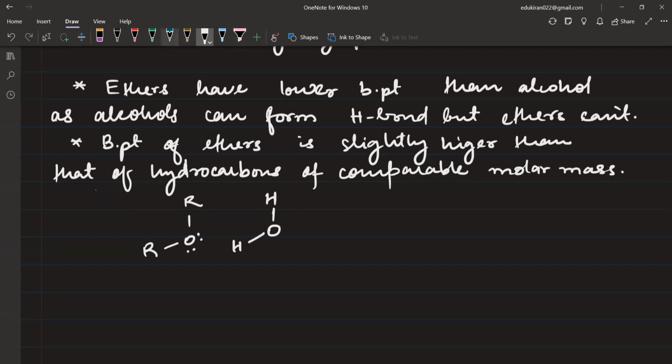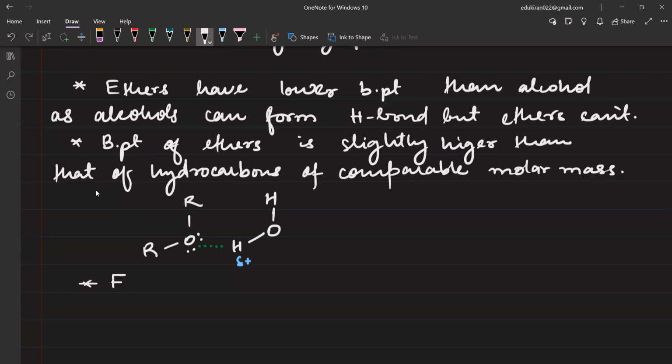Now, this hydrogen is delta positive, because it is connected to an oxygen atom, which is very electronegative. This hydrogen can form a hydrogen bond with the ether oxygen atom. Ethers with themselves will not form hydrogen bonds, but they can form hydrogen bonds with the hydrogen of water, and that is why these are soluble in water.